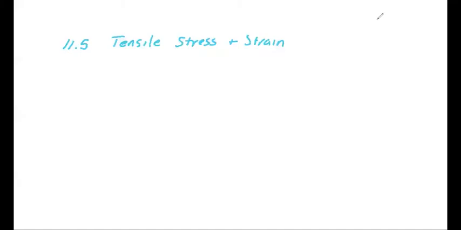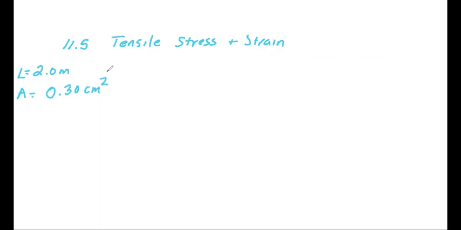11.5 is called tensile stress and strain. It says a steel rod 2 meters long has a cross-sectional area of 0.3 centimeters squared. So L is 2.0 meters, and A equals, and I really don't like this mixing of units, 0.30 centimeters squared.